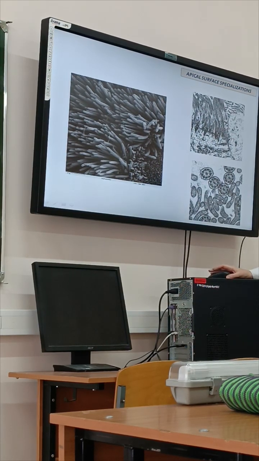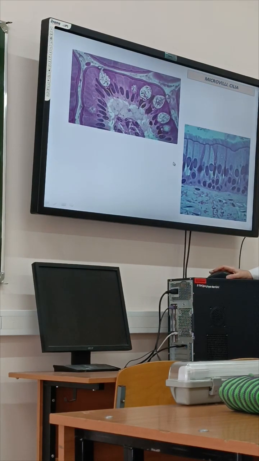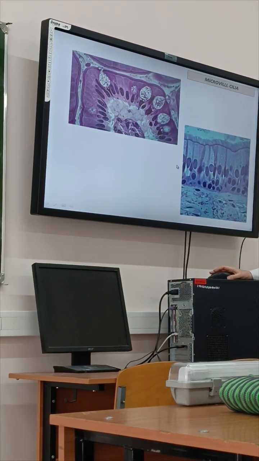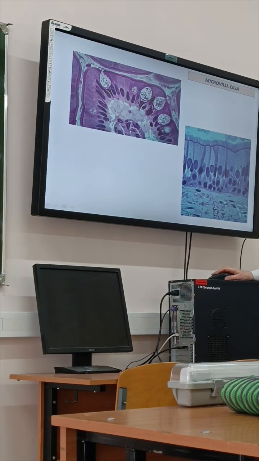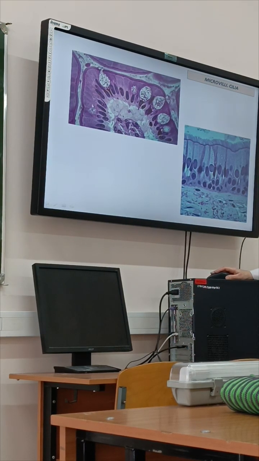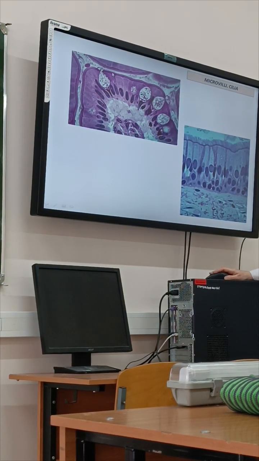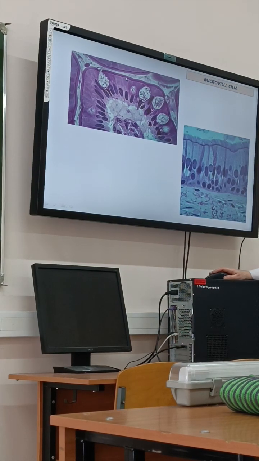This is microvilli. When we examine different types of epithelia with cilia and with microvilli, they look different through the light microscope. For example, this is the respiratory tract, the epithelium of trachea, where we can see cilia very clearly, yes? This is part of the epithelium of the intestine with microvilli on the apical surface.